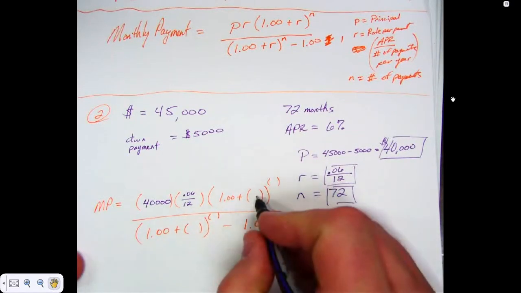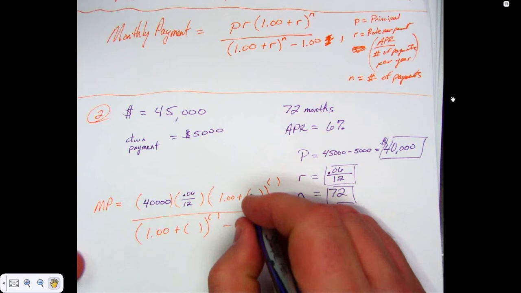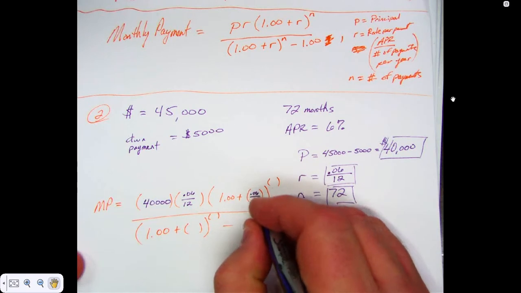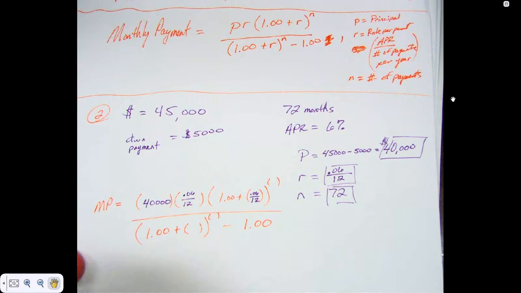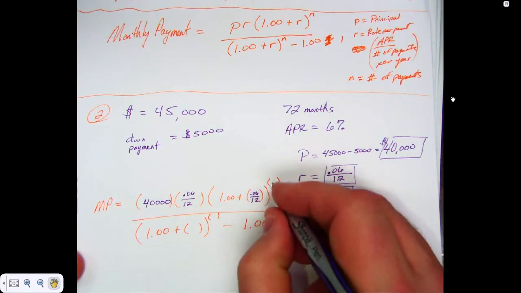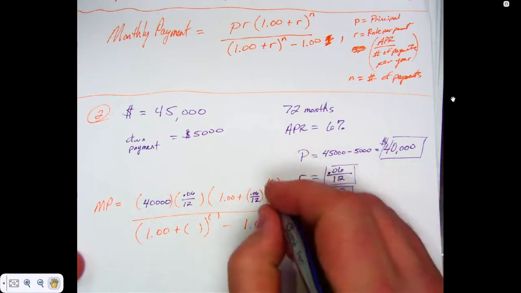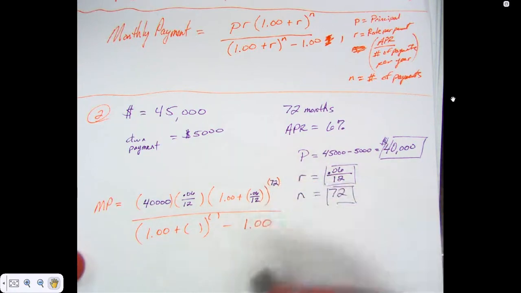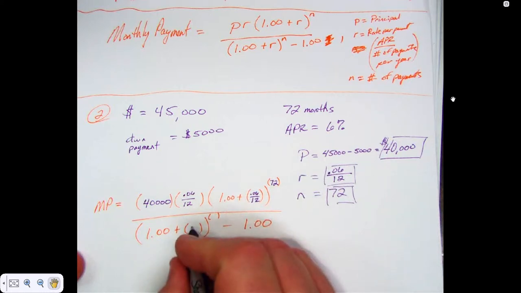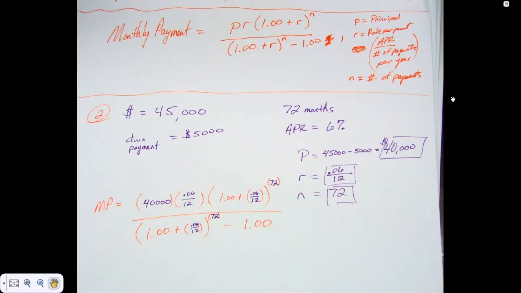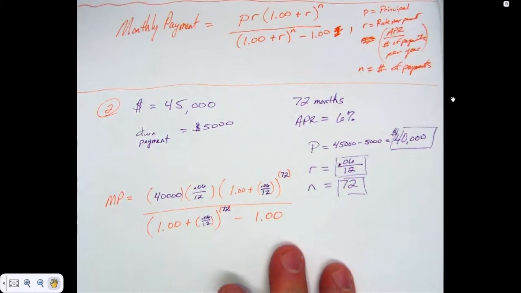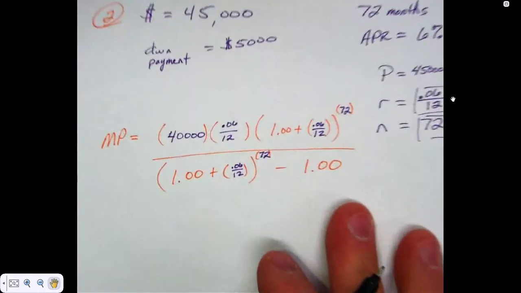Right here, this is R, so this is 0.06 divided by 12. This is where N goes, and I'm taking it to this power, so up here goes 72. Here, this is R again, so 0.06 divided by 12. And up here is N again, so that's 72. So now we've plugged all the values in.